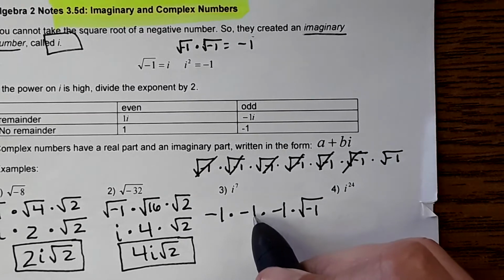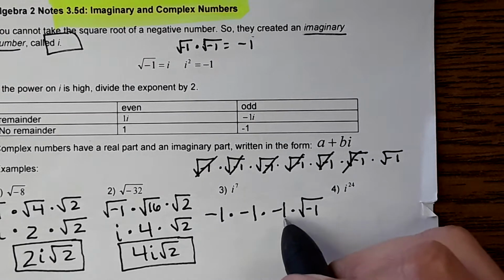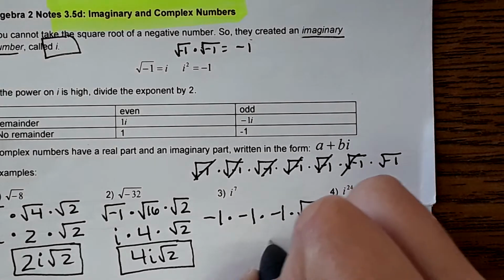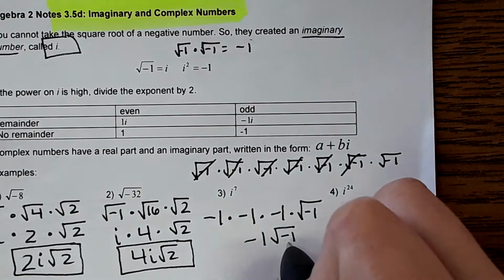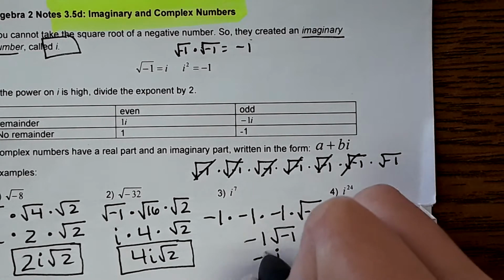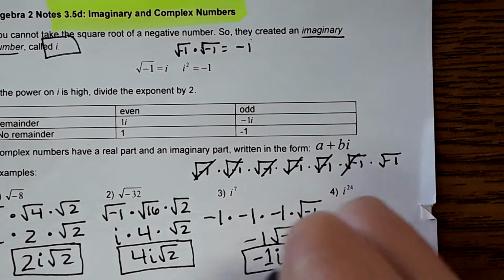Then negative 1 times negative 1 would be positive 1, times another negative 1 would be just negative 1 times the square root of negative 1, which is i, so just negative 1i is your answer.